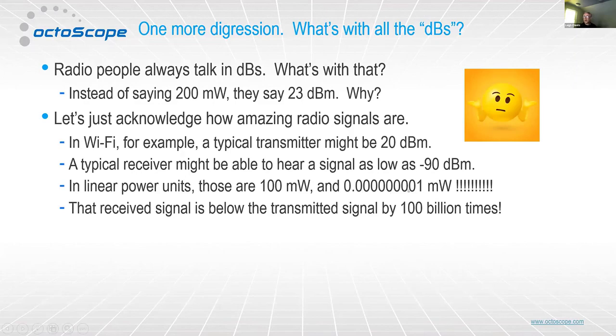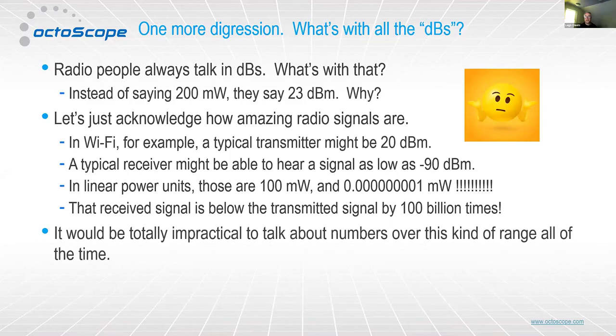Those things are different by 11 orders of magnitude. So you can see it's below the transmitted signal. The received signal is below the transmitted signal by 100 billion times. Again, I just find that amazing. But as you can imagine, it would be really impractical to talk about things, when you're actually working day to day, talking about these kinds of ranges.